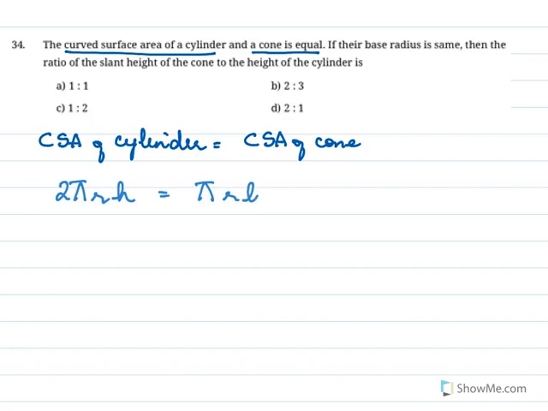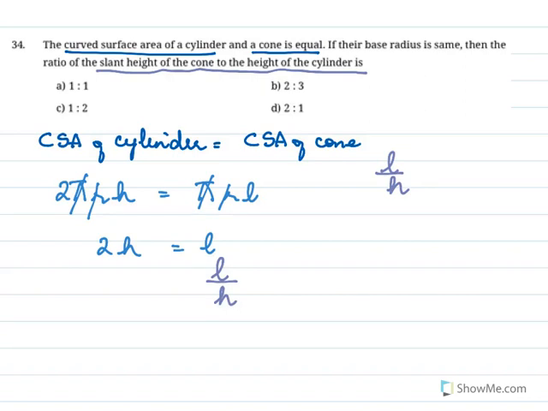The base radius is same, therefore I use the same R. So pi cancels out. You get R cancels out. So 2H equal to L. They said find the ratio of slant height to the height of the cylinder. That means L over H. So L over H will be 2 over 1.